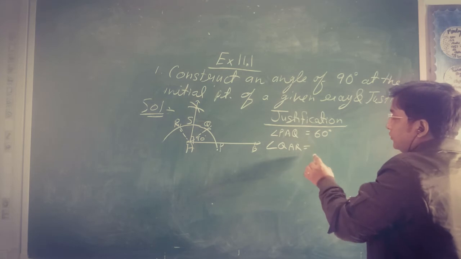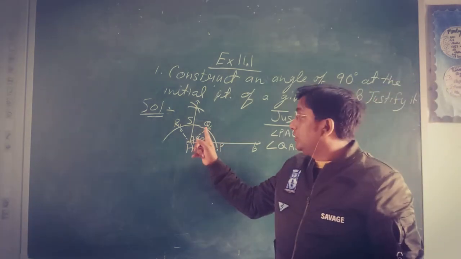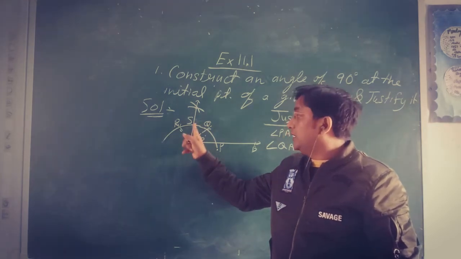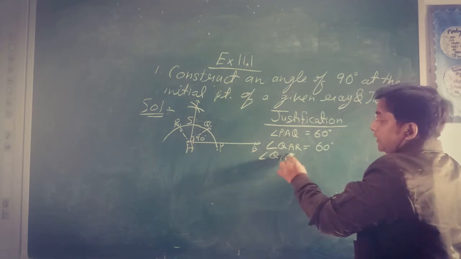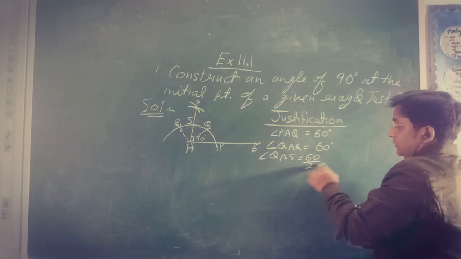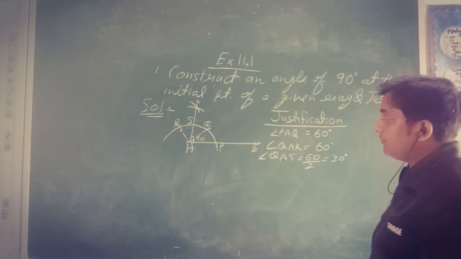QAR is equal to 60 degree. Now this is QAS. Angle QAS is half of 60 degree, that is 30 degree. We have bisected it.